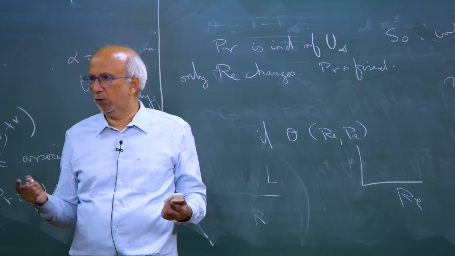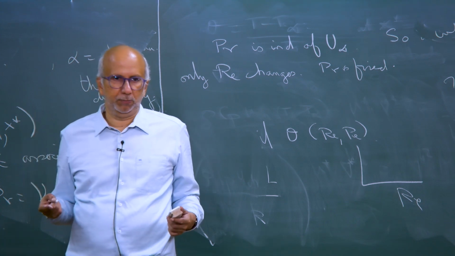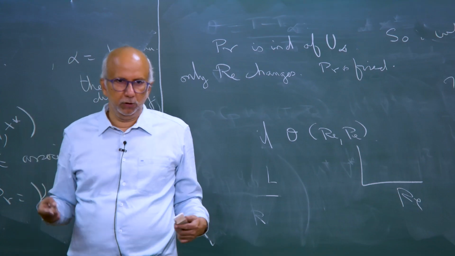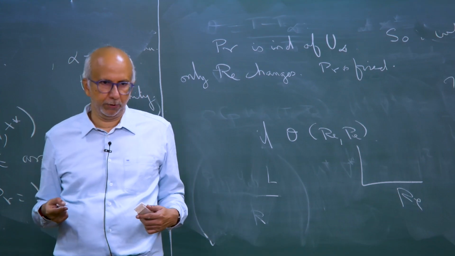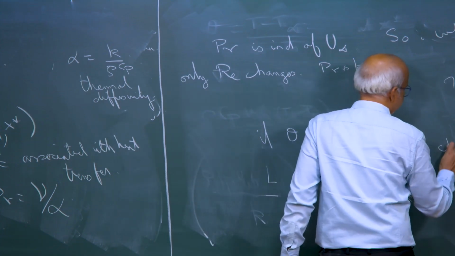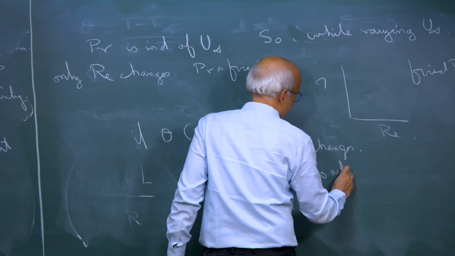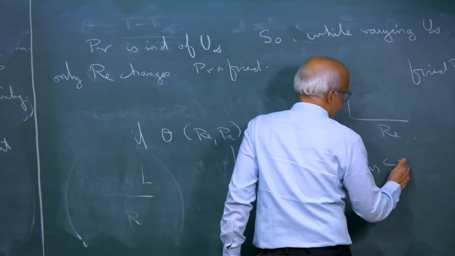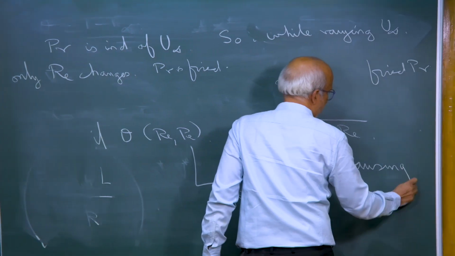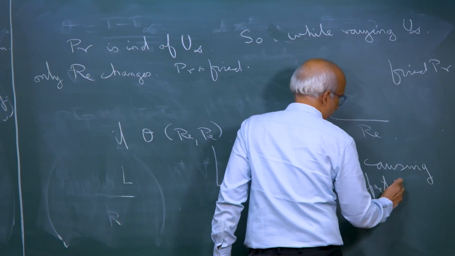So, you do not know whether it is a change in the Peclet number which is causing the problem, or whether the change in the Reynolds number is causing the problem. So, here Peclet number changes. So, what is causing the effect observed?